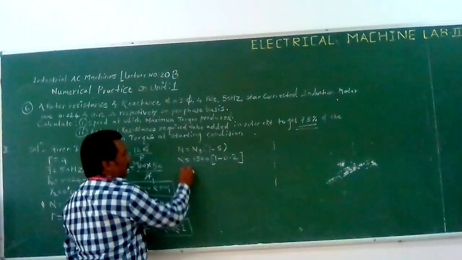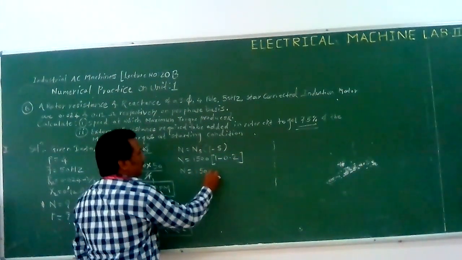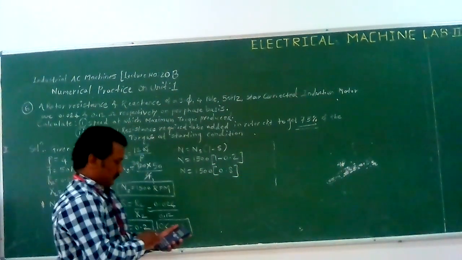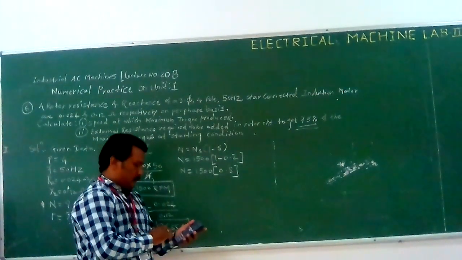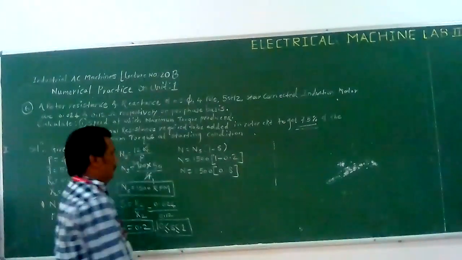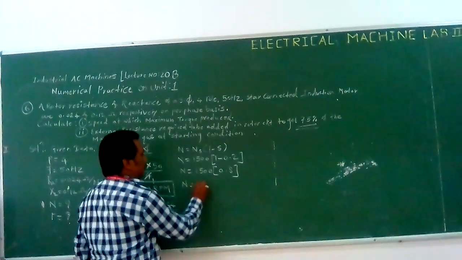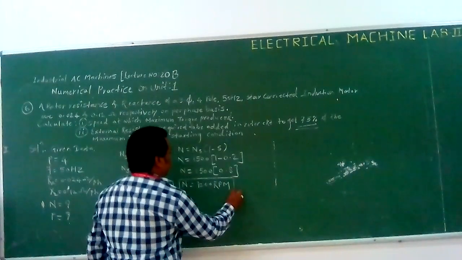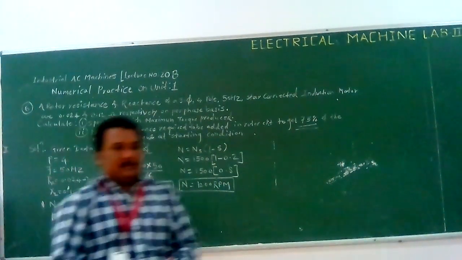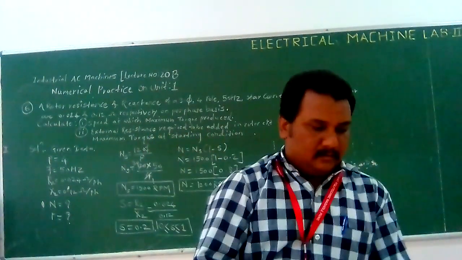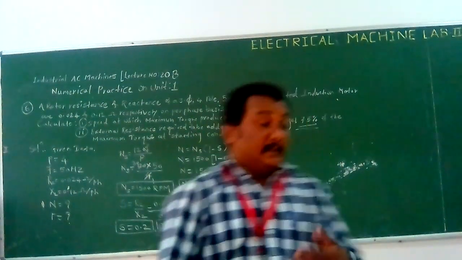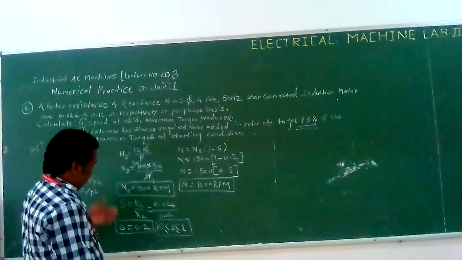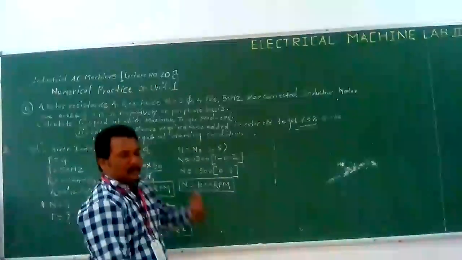Simplifying this, 1500 into 0.8, it is 1200 rpm. Up to this point we have calculated the general parameters like the synchronous speed, slip, and actual speed.